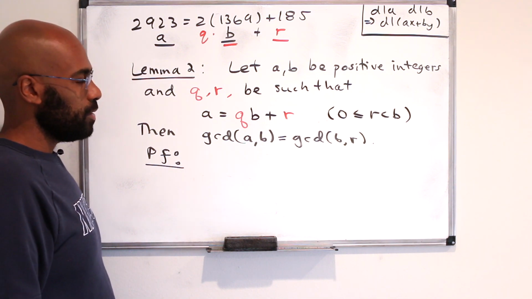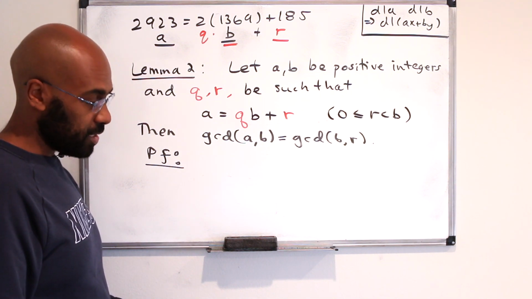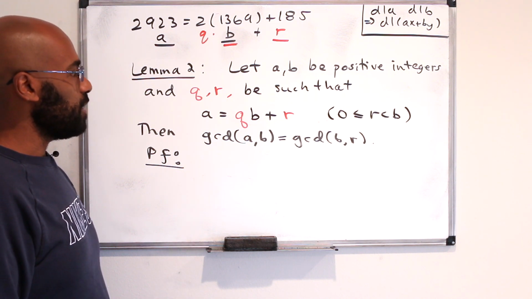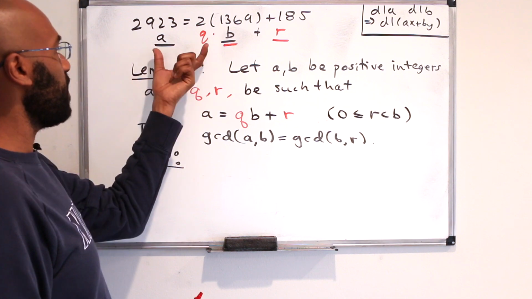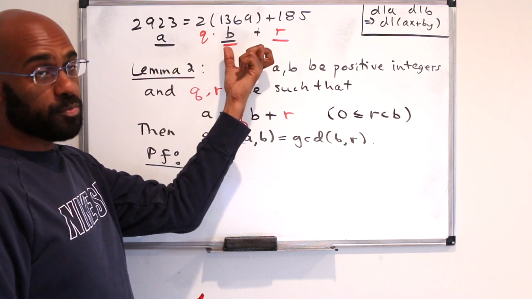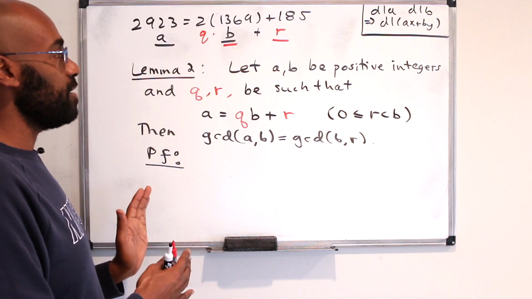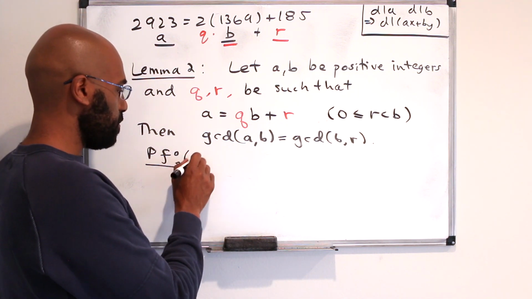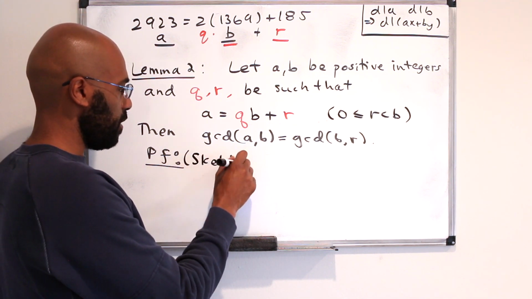Okay, so the way to think about this process is the argument we made just previously: if you have a number that divides both A and B, then it has to divide both B and R. Any common divisor of A and B is a common divisor of B and R. So you can think about making two lists, right? I'm going to call this a proof sketch because I'm not going to write out all the details.